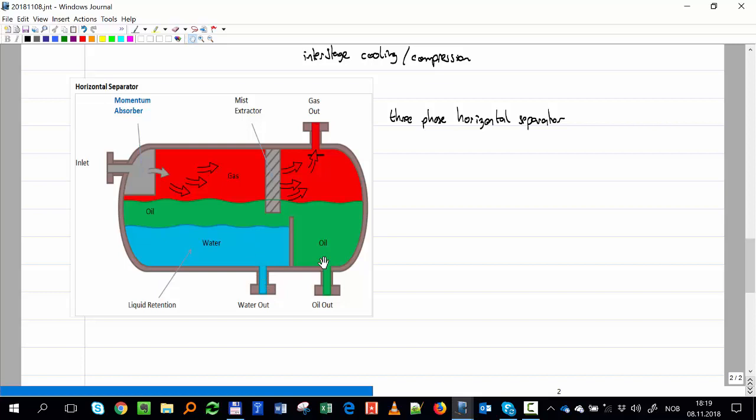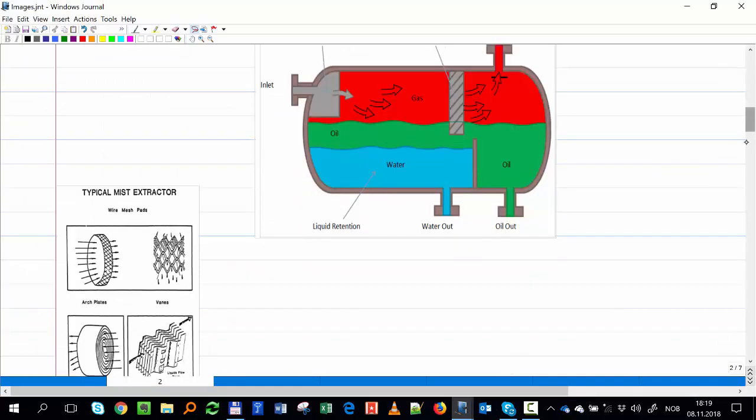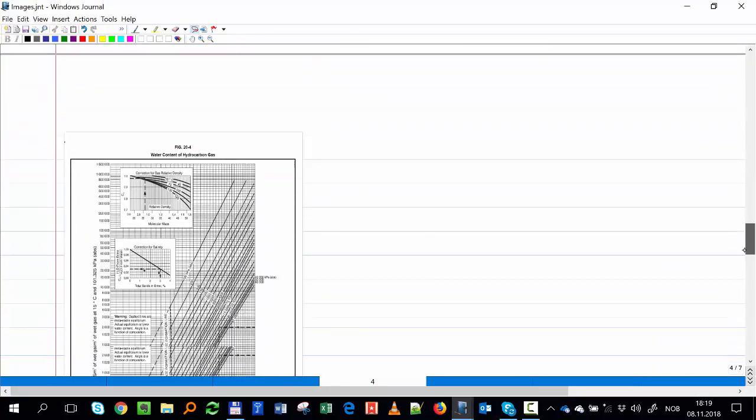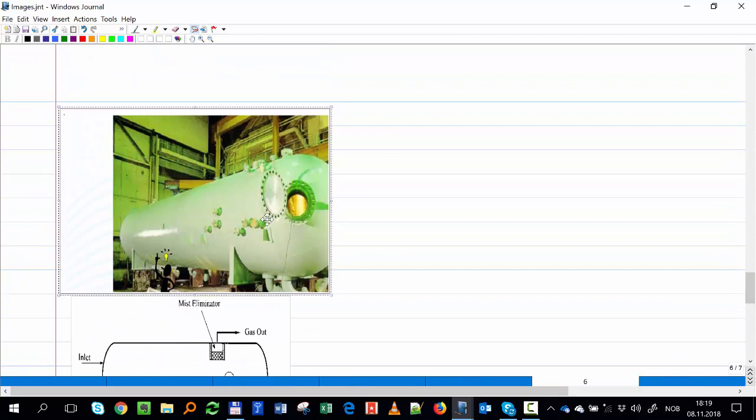And not all separators are three-phase. Many of them are two-phase. But usually either the first or the last separator is three-phase. These devices here are, so I think I have another figure a bit better. Okay, that's a horizontal separator.